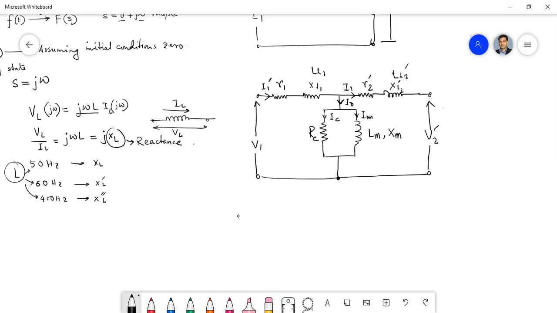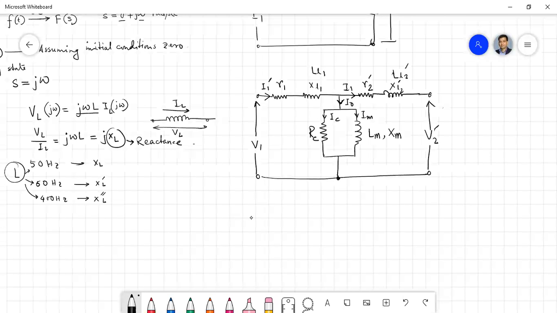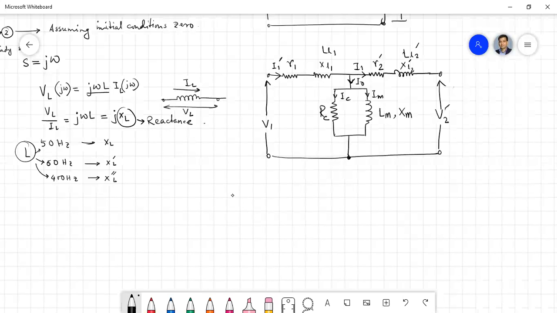What chapter do we have to read, sir? Transformer only. At the very beginning, you have a chapter called transformers. In that chapter itself, you will get all these ideas. Okay. Anything else?